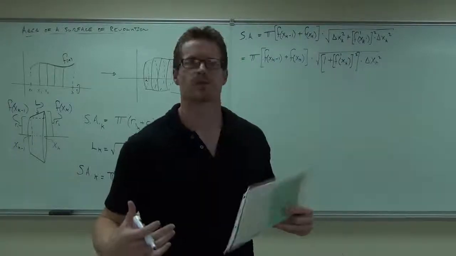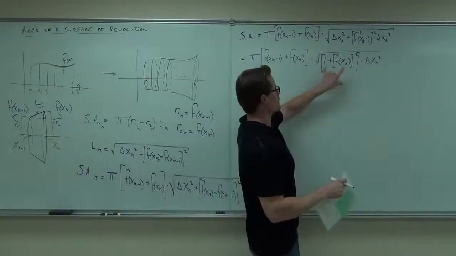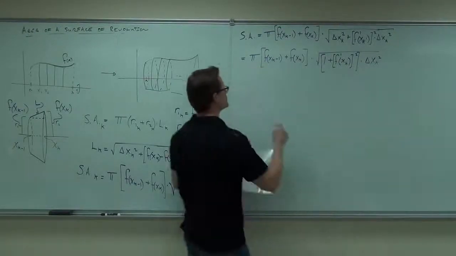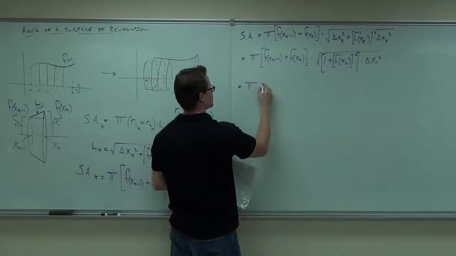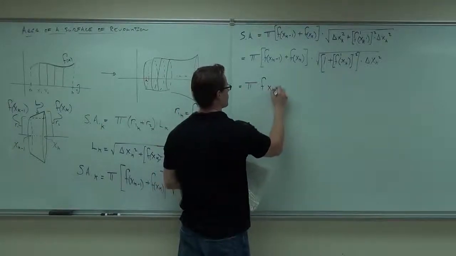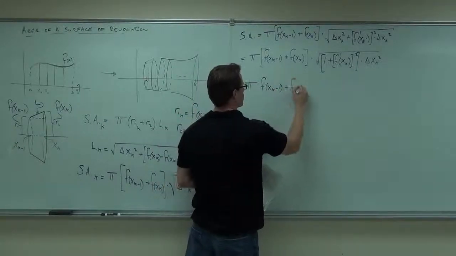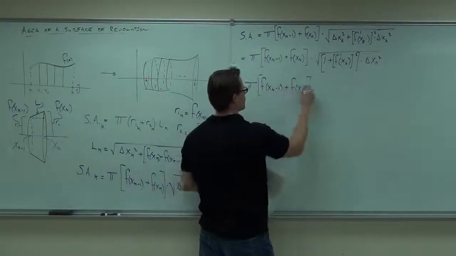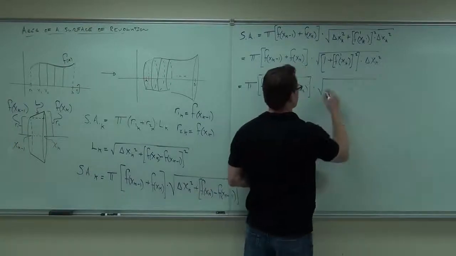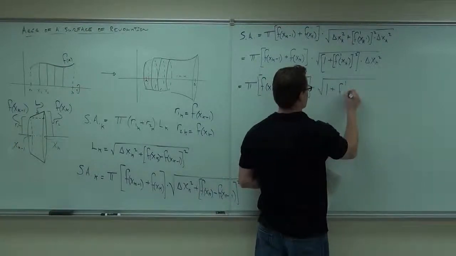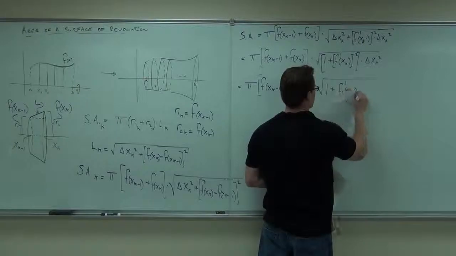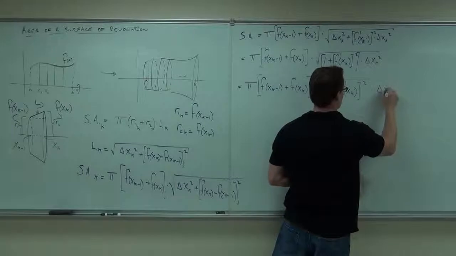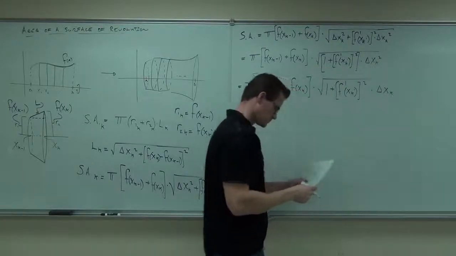We can split up those products. So we'll take the square root of this, leave it. We'll take the square root of this, that'll be delta x sub k. We're almost done.